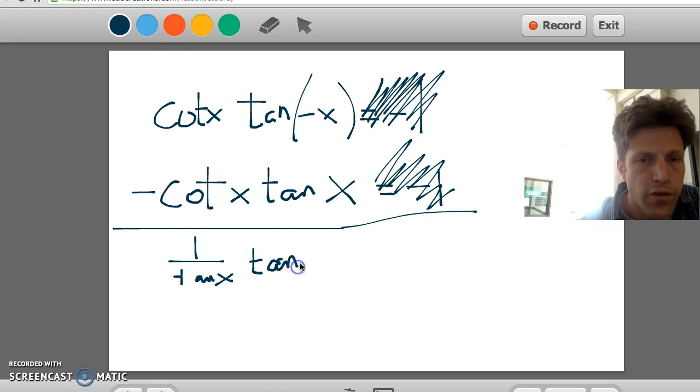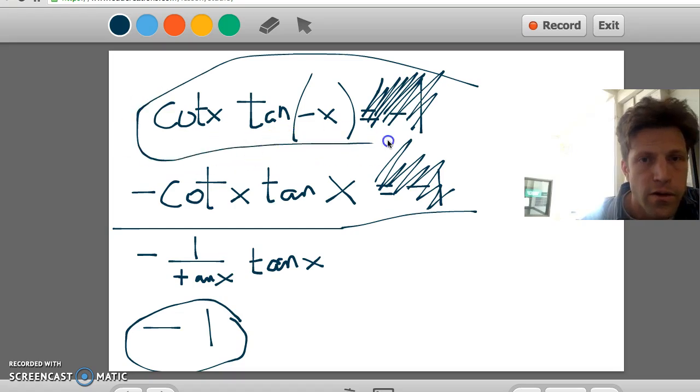Because tan x over itself is going to equal 1. This is negative, and something reciprocal times its reciprocal equals 1, so the whole thing simplifies to negative 1. I just verified this identity here. It equals negative 1.